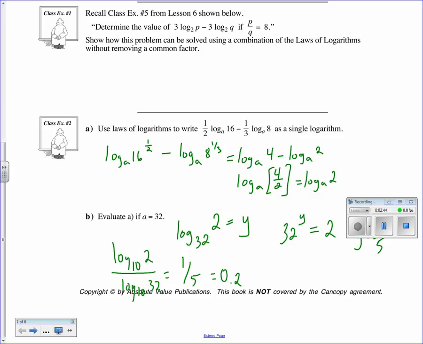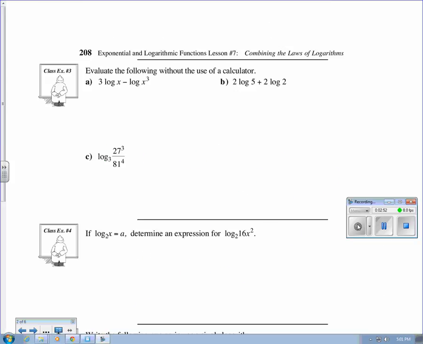Let's turn the page over. We're not learning anything that new. The questions are just getting longer. So I'm supposed to do these without a calculator, which means I want to look to simplify and evaluate: product rule, quotient rule, power rule.